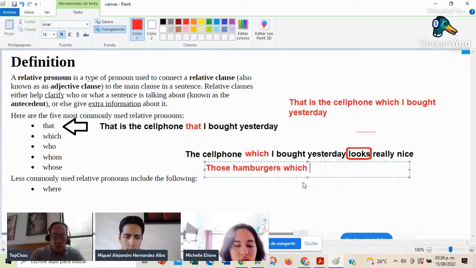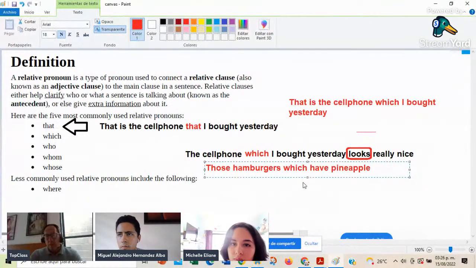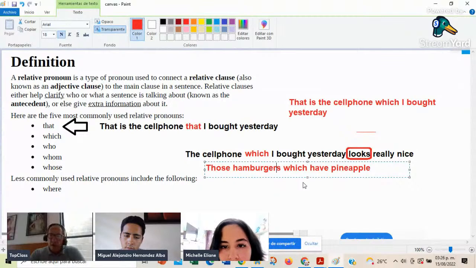Those hamburgers which have pineapple, and then the second clause. Esas hamburguesas que tienen piña. Exactly, exactly.